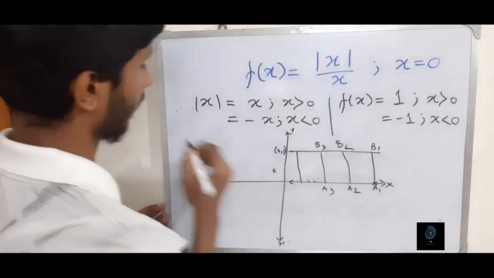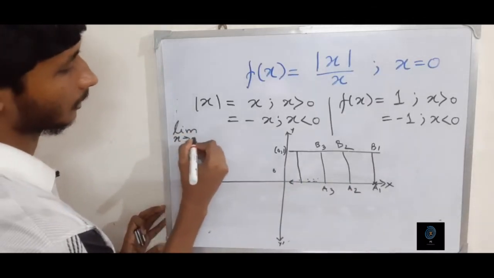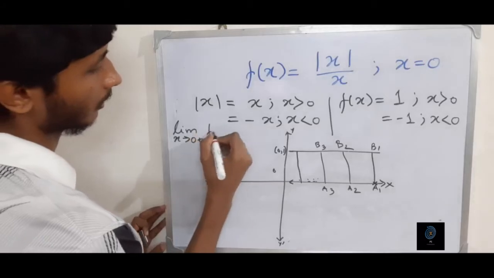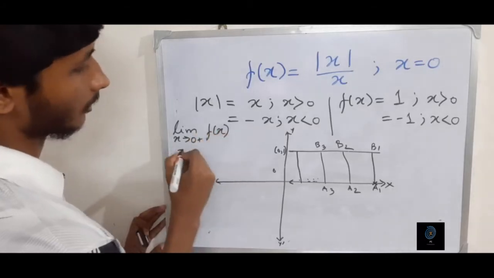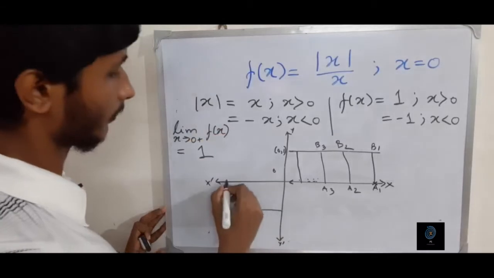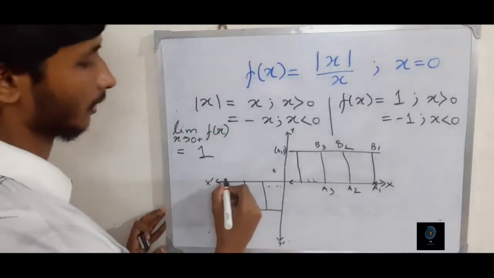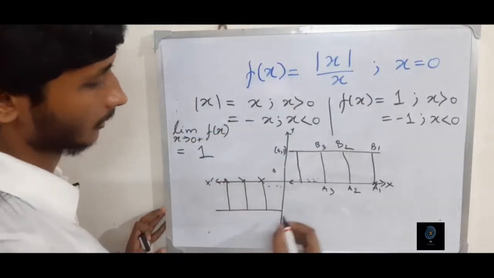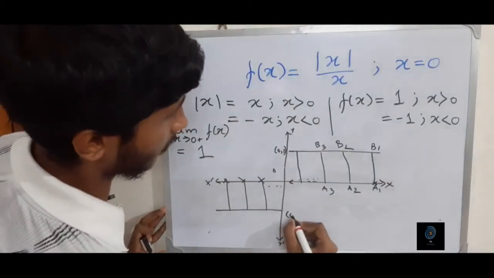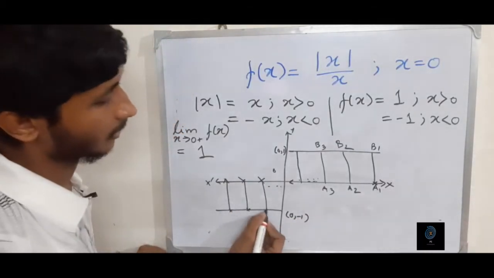That is, we can write limit x tends to 0 plus f(x) is equal to 1. And when x approaches from the left side, we can see that for every value of x, this point is (0, -1), the value of f(x) remains to be at -1.